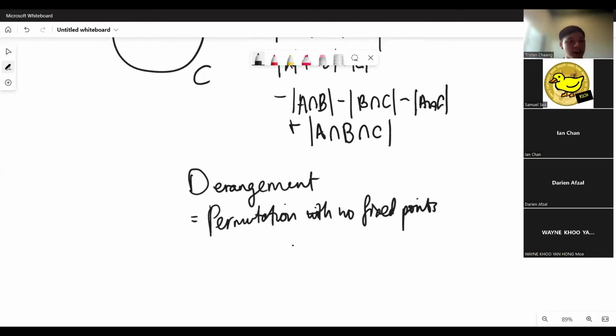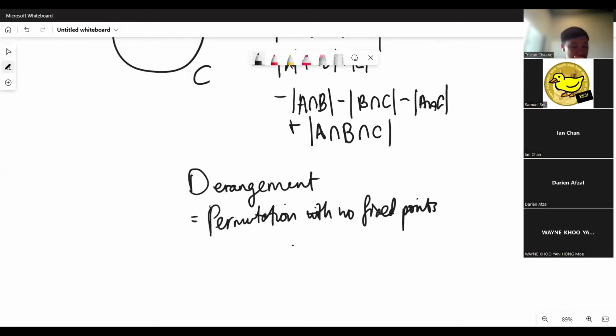So imagine you have a house and you have 100 people inside, all of them wearing their own hats, and suddenly there's an earthquake, and the hats get jumbled up, and everyone just randomly picks a hat and runs. So how many ways are there where every single person does not get back his own hat?